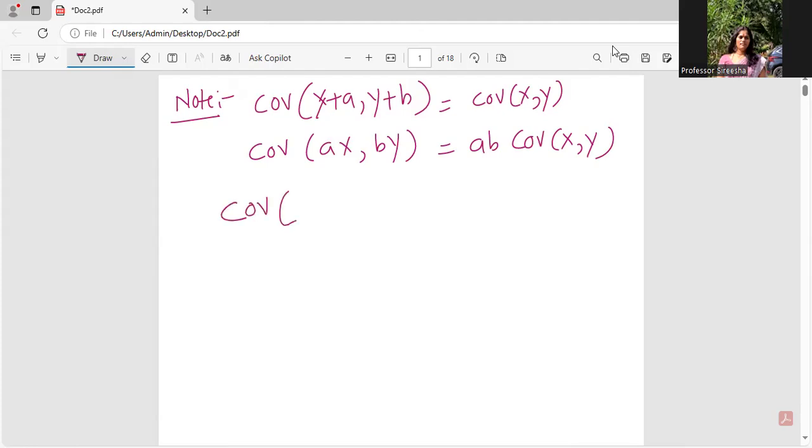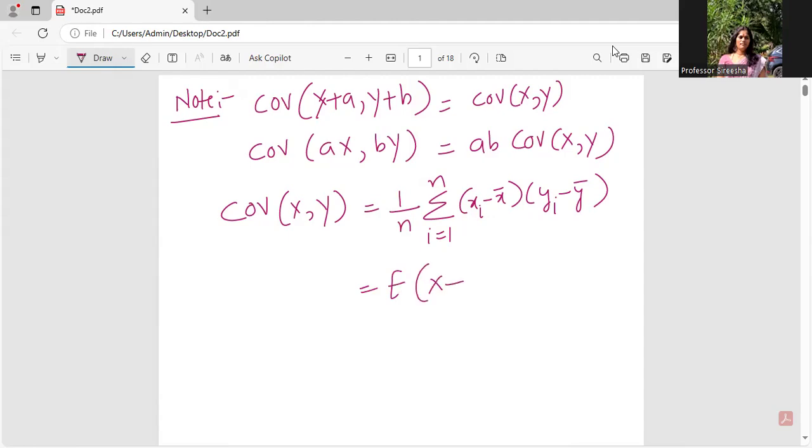Apart from covariance of x comma y, how do I write it mathematically is 1 by n summation i equal to 1 to n, xi minus x bar into yi minus y bar. Previously, in the previous video, I have written it in this format: E of x minus x bar into y minus y bar, or it is the same as expectation of xy minus expectation of x into expectation of y.